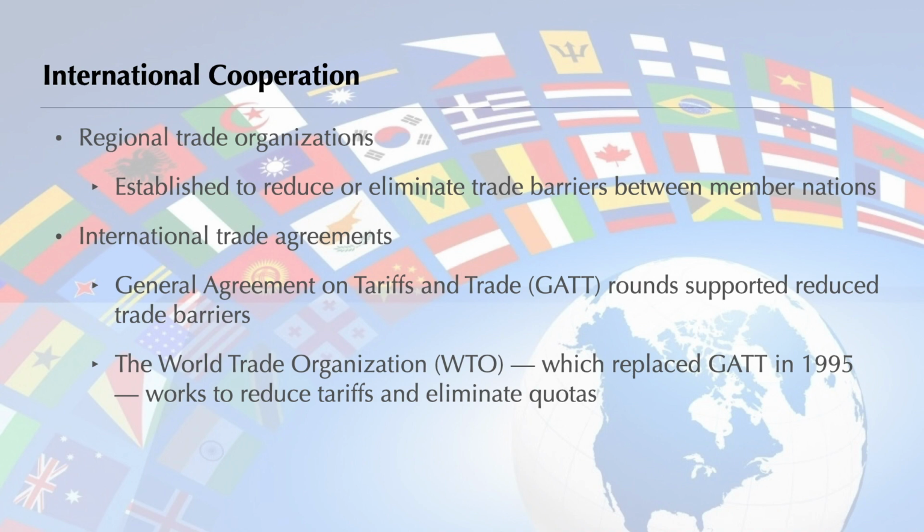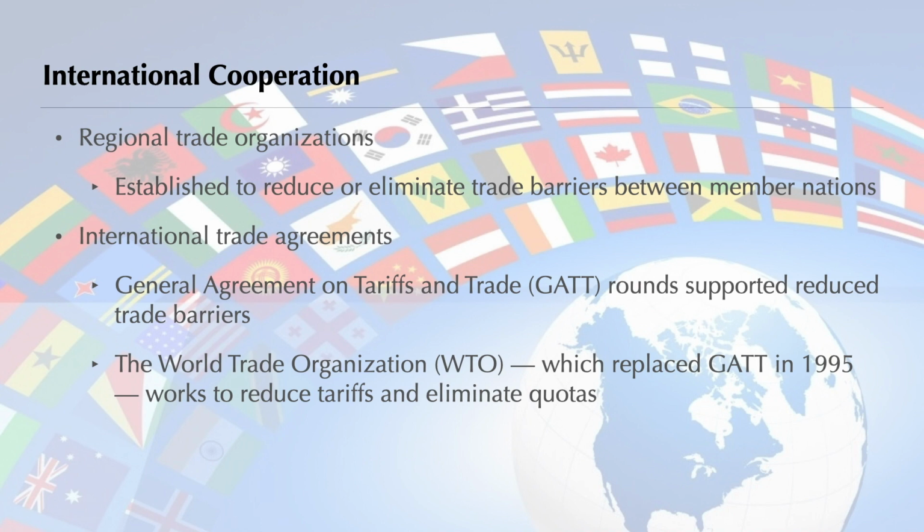Each round of talks resulted in substantial tariff reductions and opened additional talks on related issues. In the 1980s, growing concern about non-tariff barriers such as quotas, voluntary restrictions, and licensing requirements also were included in GATT negotiations.